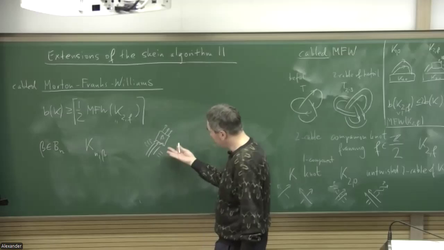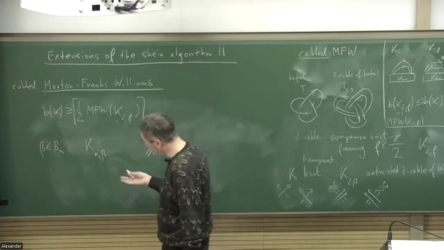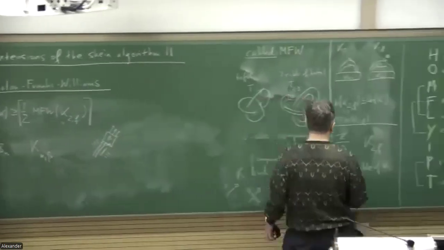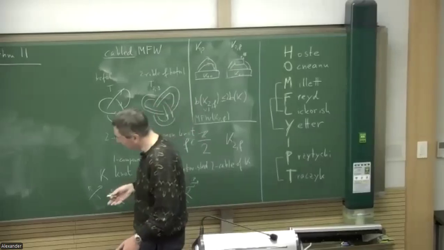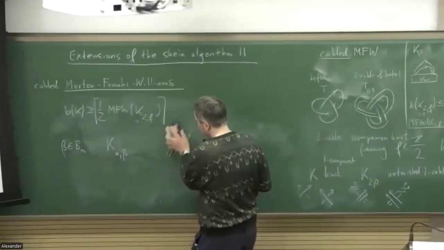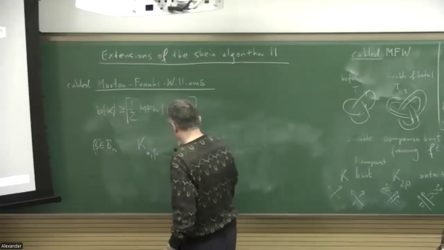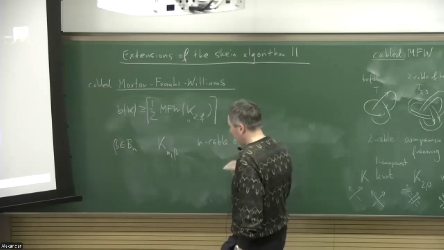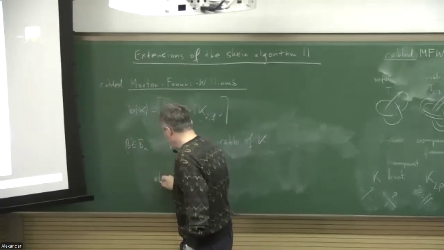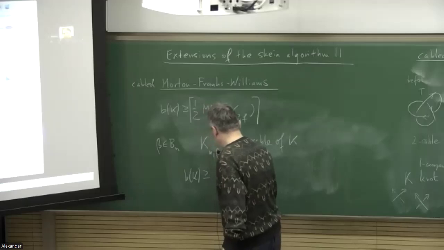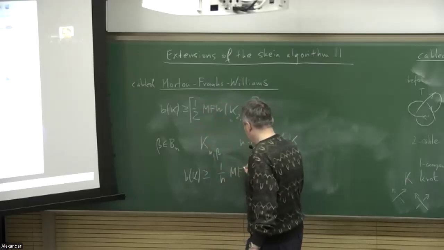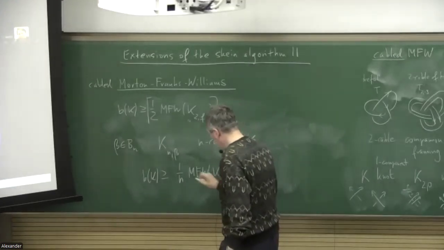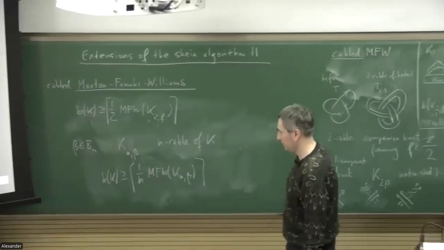So you get higher cables of the knot K, and then the braid index of the n-cable is less than or equal to n times the braid index of K. So you get these n-cables, and then you get that the braid index of K is bigger or equal to 1 over n of the bound for K and beta, and then you round it up.